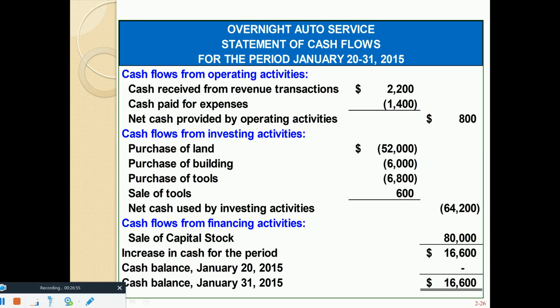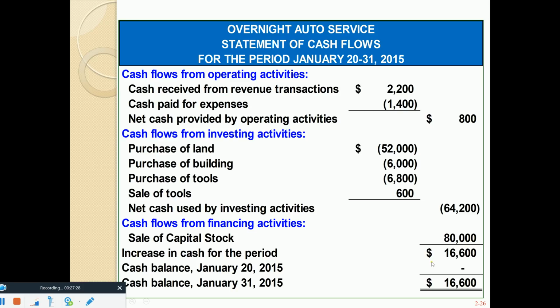And here is the cash flow statement. I'm not going to go through the details of the cash flow statement right now. This is something we're actually going to study later on in the course. Quite honestly, the last chapter in the course. The cash flow statement summarizes how we got from the beginning cash to the ending cash. If you go back a few slides to the balance sheet, you will see that the cash balance at the end of January 31 is $16,600.